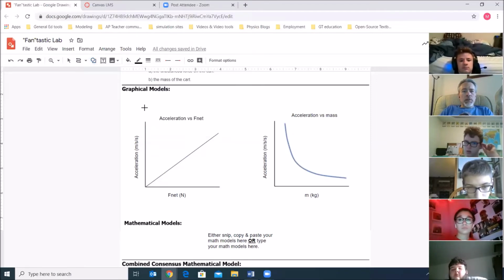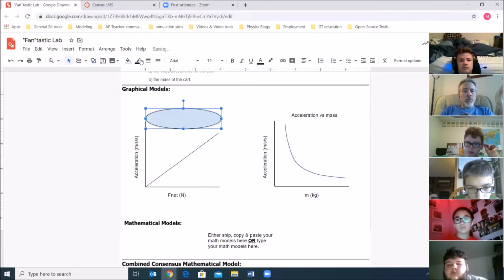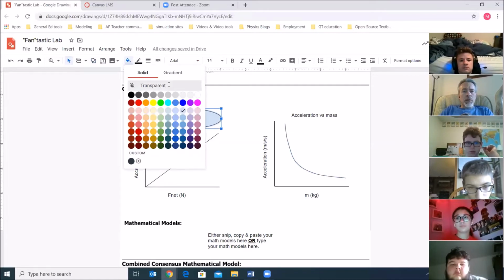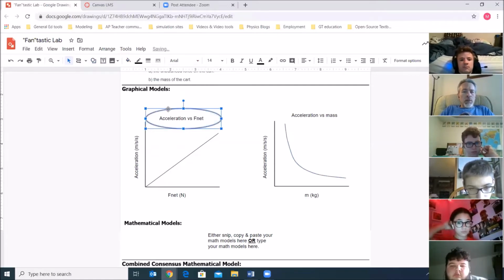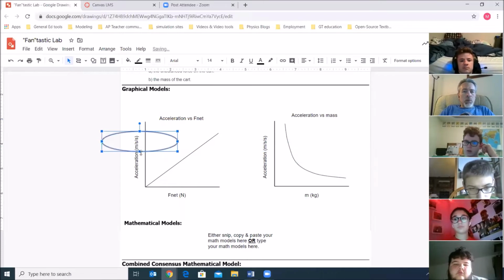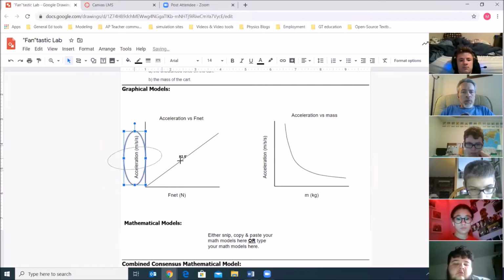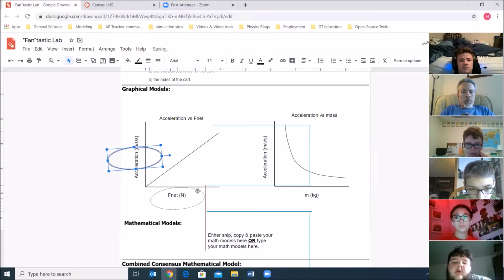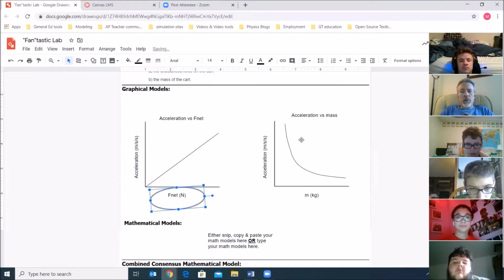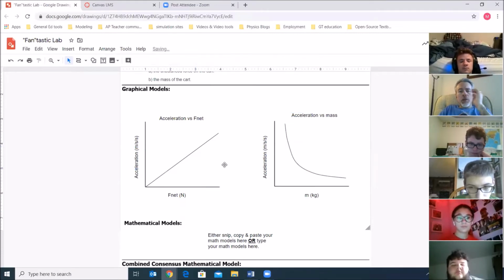I've got the title up here. Make sure you have that. Make sure you have the labels on the axes, or this axis down here. So make sure you have all that. Same thing for the other graph, okay?